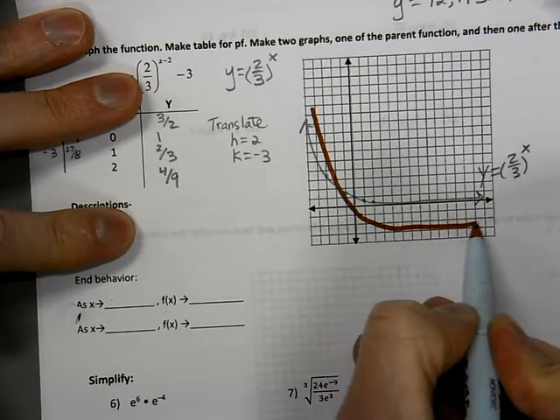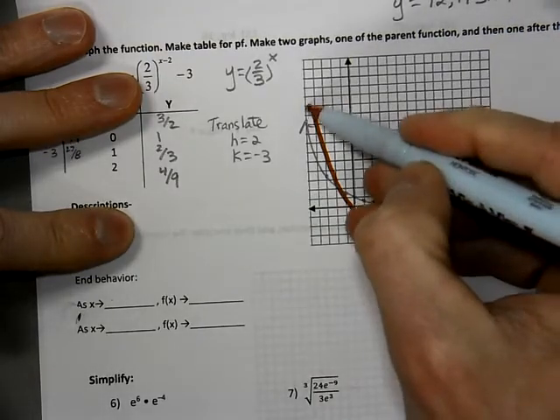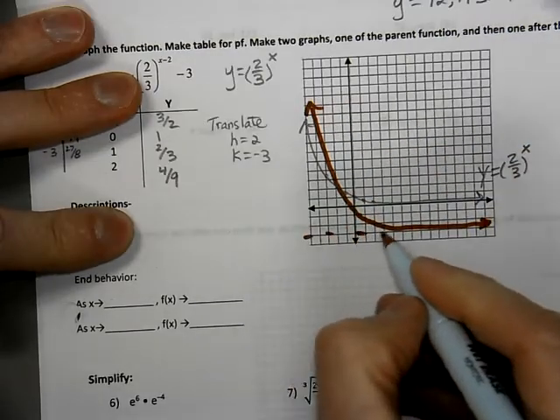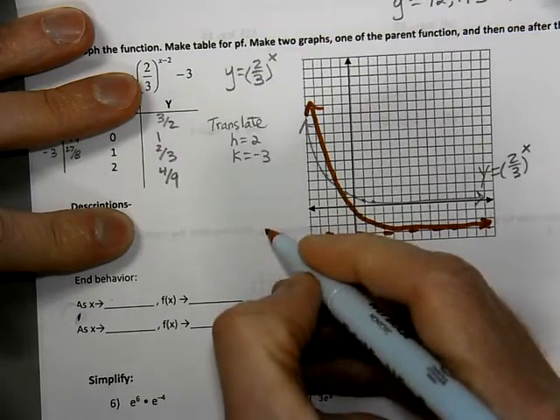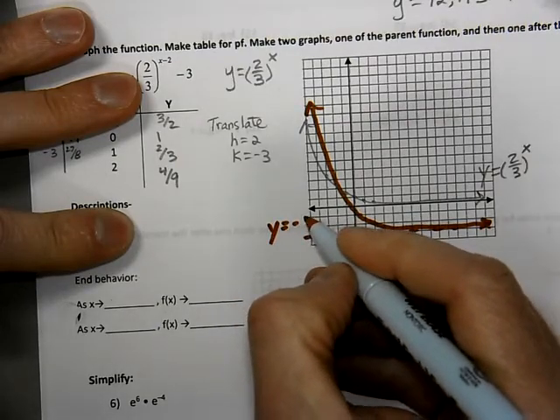So be sure to follow right along with where the asymptote would be. We should have the asymptote right there at y equals -3.